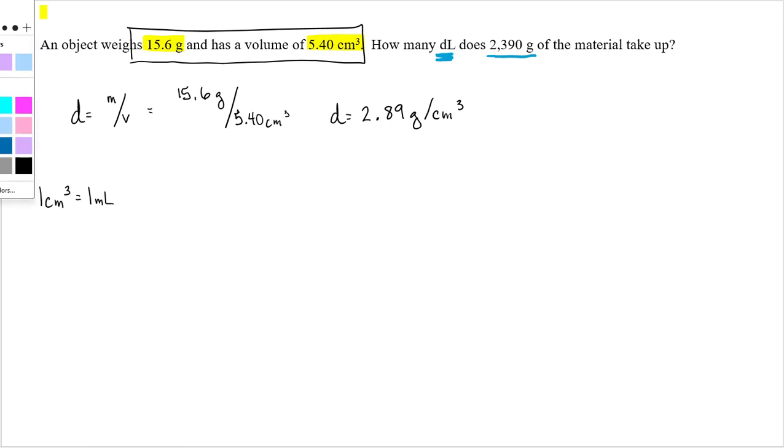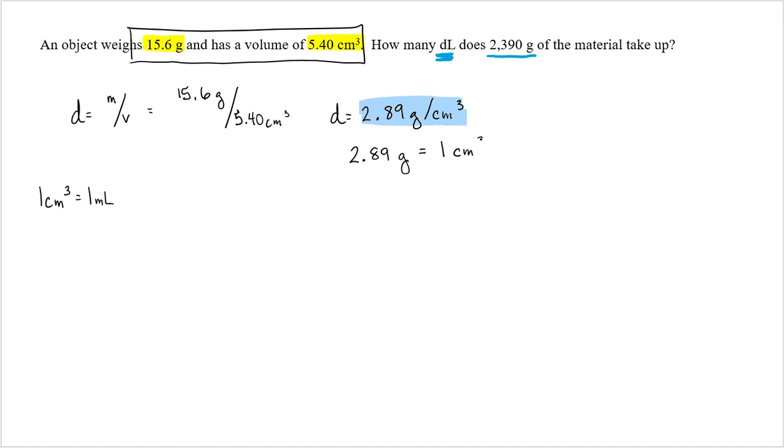Now remember, when we're talking about density, I like to see density as a conversion factor. What that really means is that there's 2.89 grams of the object in every 1 cubic centimeter of that object. So now I'm going to use this density as a conversion factor in this next portion. So how many deciliters does 2,390 grams take up?